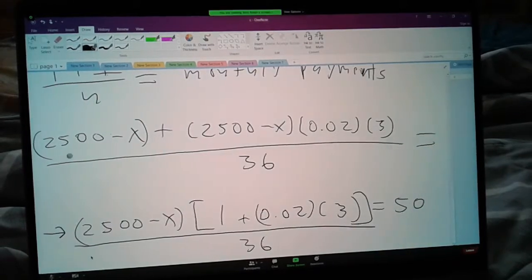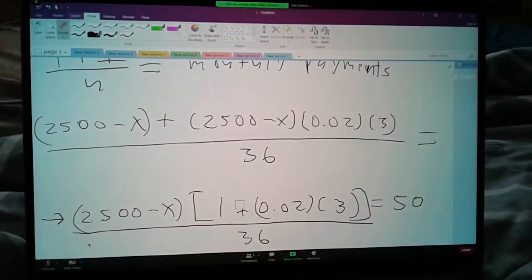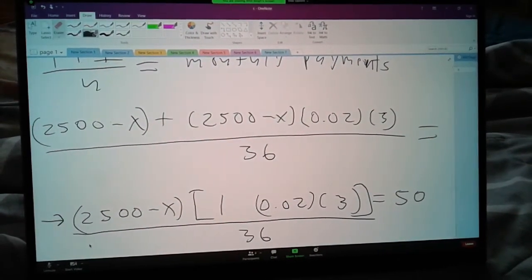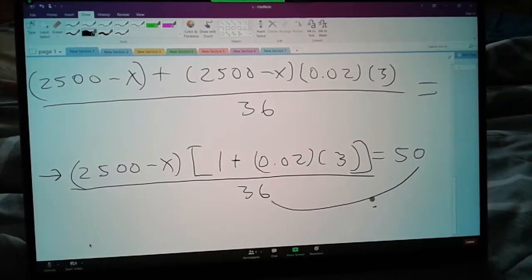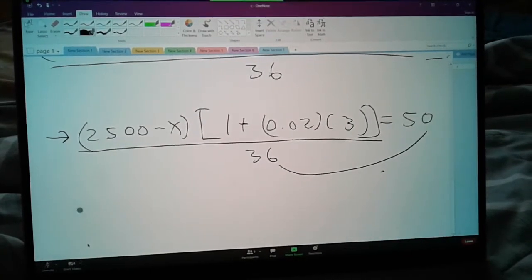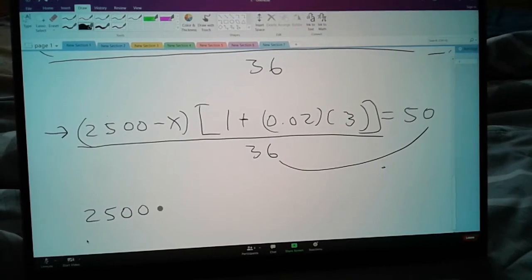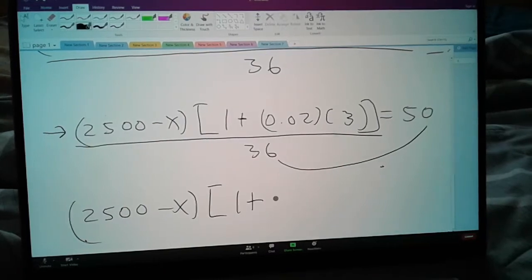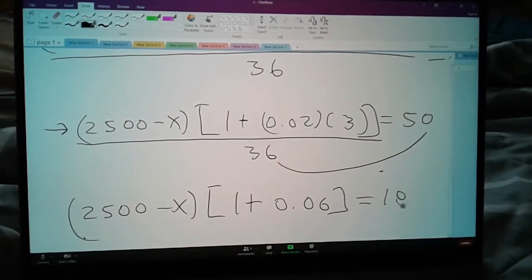So if I factor out the 2,500 minus X, then I get 1 plus 0.02 times 3. So if I multiply by 36, 36 times 50 is 1,800. So we get 2,500 minus X times 1 plus 0.06 equals 1,800.